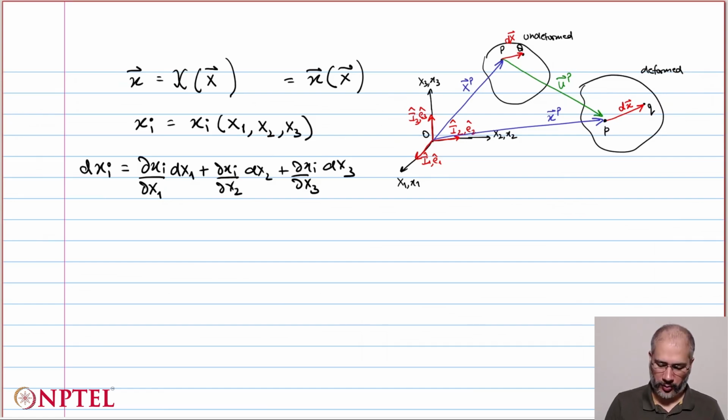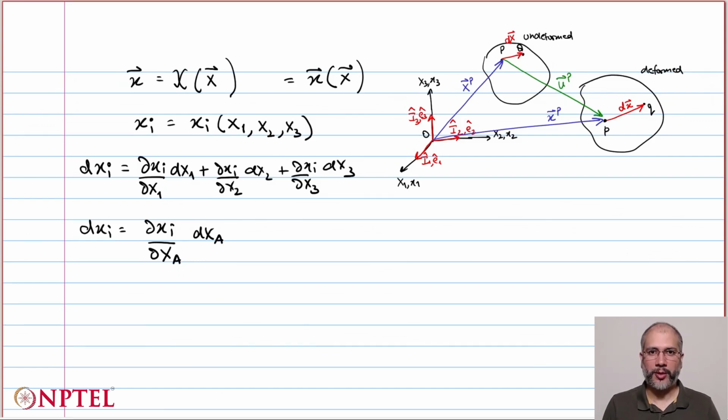Or in our index notation, we can write this as d small xi is partial xi by partial capital XA times d capital XA, and the index used is a capital A because it is for the material coordinates representation of capital X's, and here you can see there's a summation over the index A. So as you recall, in our tensor calculus, we had written this quantity as xi comma A. So this is a more compact representation of dxi in terms of dXA.